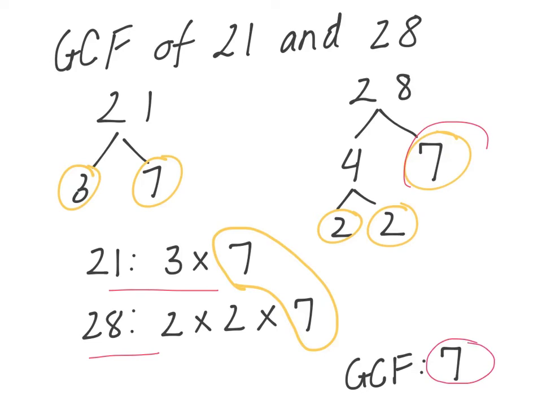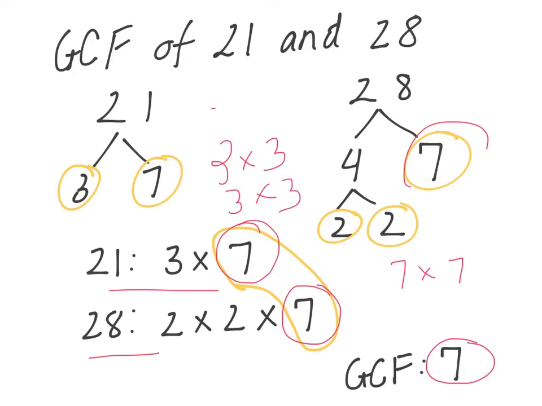Now some of you might be wondering, why didn't we multiply 7 times 7 like we did in the previous slide? And the reason for that is because there is only one 7 for the 21 and one 7 for the 28. In our previous example, it was 3 times 3 and 3 times 3 and 3 times 3.